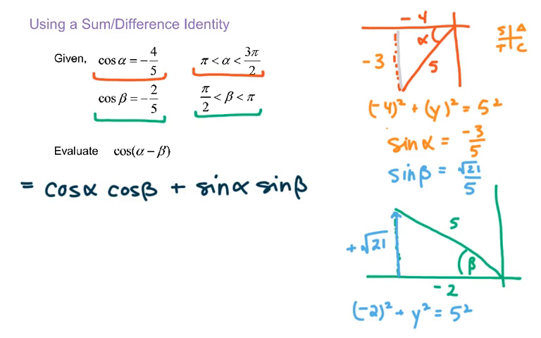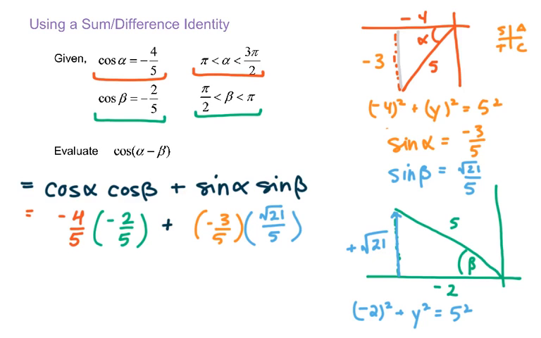Cosine alpha was given as negative 4/5. Cosine beta was given as negative 2/5. Sine alpha I calculated as negative 3/5, and sine beta I calculated as root 21 over 5.